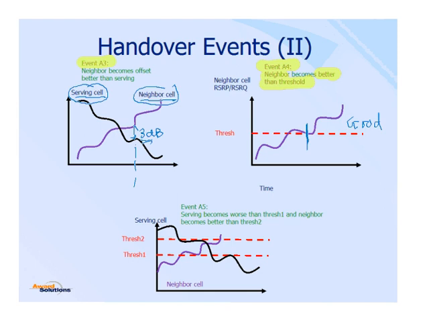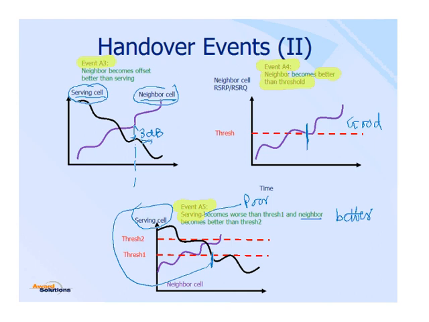And finally, the last event that we have defined is A5. A5 means the serving cell becomes poor and the neighbor becomes better. So in this case, the serving cell has dropped below this threshold.